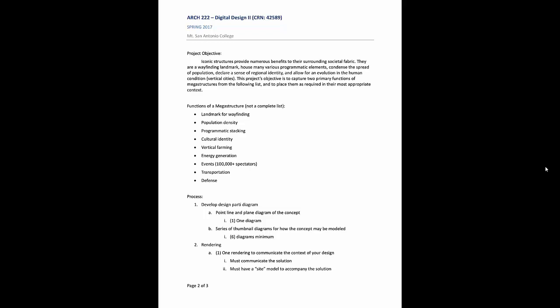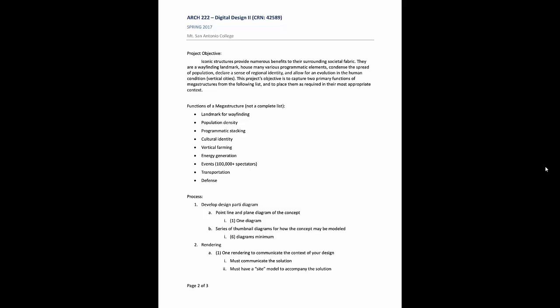So we're going to take two primary functions of what a megastructure could do, and we're going to design how it can function in both ways at once. That's your primary objective. Then we have our secondary project objectives that you'll have to abide by as well. That'll clarify some of this.